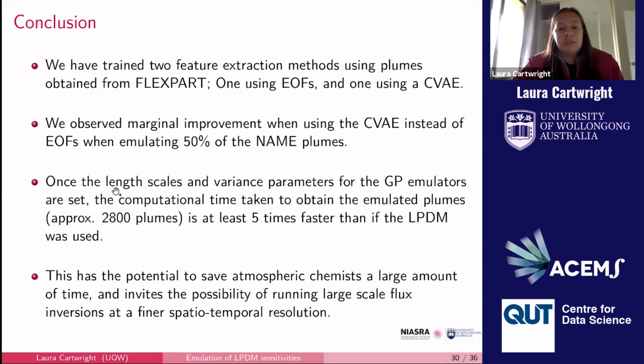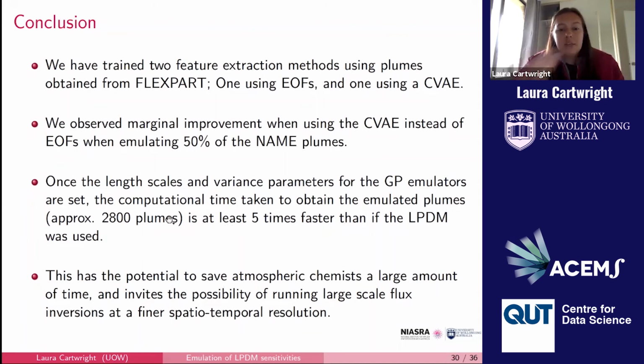And the really cool thing is that once you set those length scales and variance parameters, and even if you don't set them, even if you have to do the maximum likelihood estimation, the time taken to get those emulated plumes, which was about 2,800, is at least 5 times faster than if the LPDM was used itself. If you don't have to do the maximum likelihood estimation, it's even faster than that, which is cool.